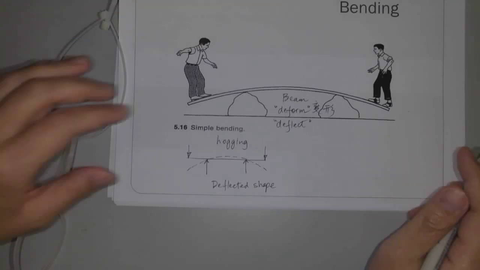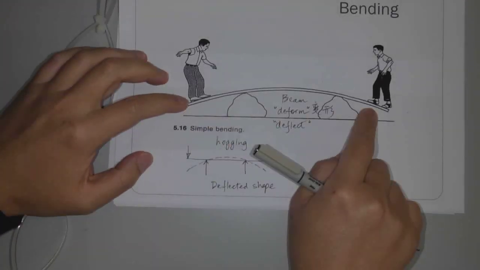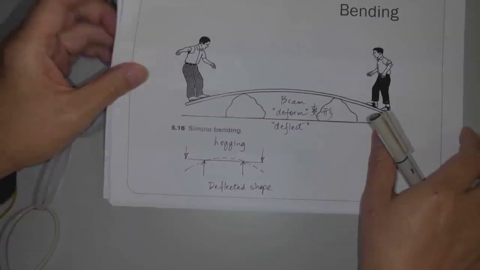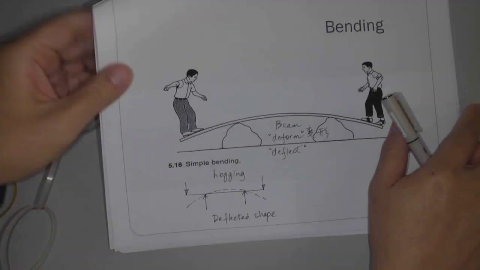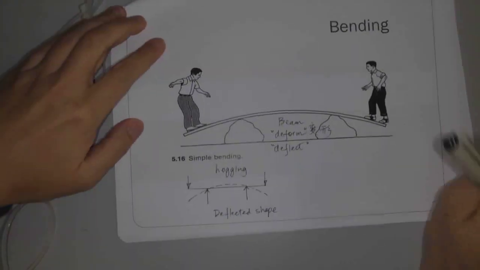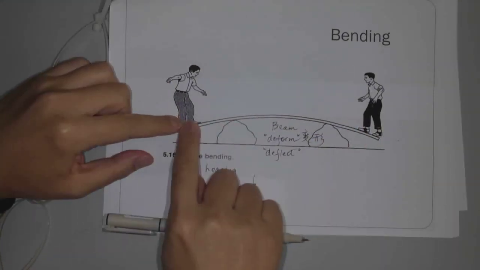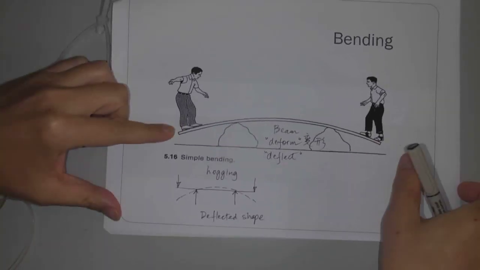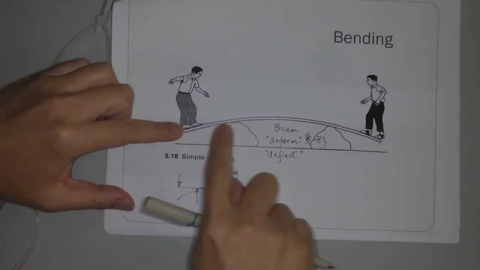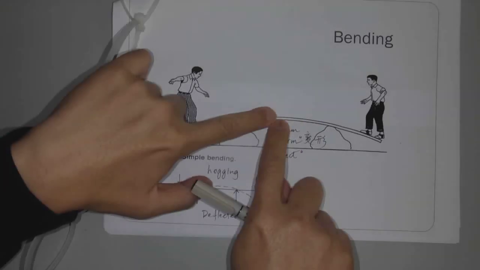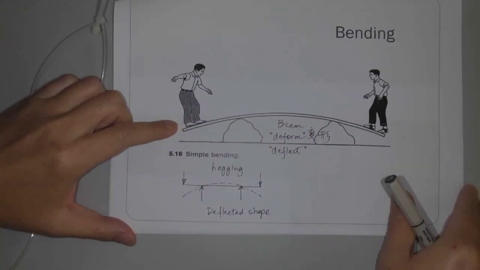And what about if you imagine these two loads move to the middle? Then what happens to the beam?